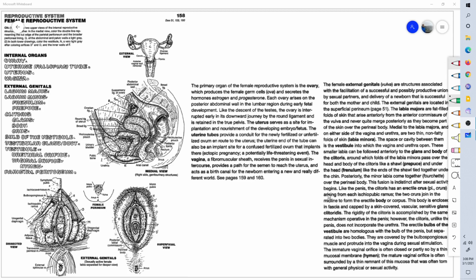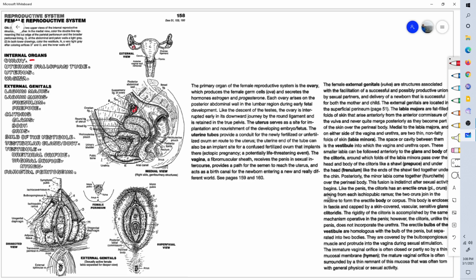The male reproductive organ was the testes, and the female reproductive organ is the ovary, the ovaries. And they are found on the posterior abdominal or posterior pelvic wall.